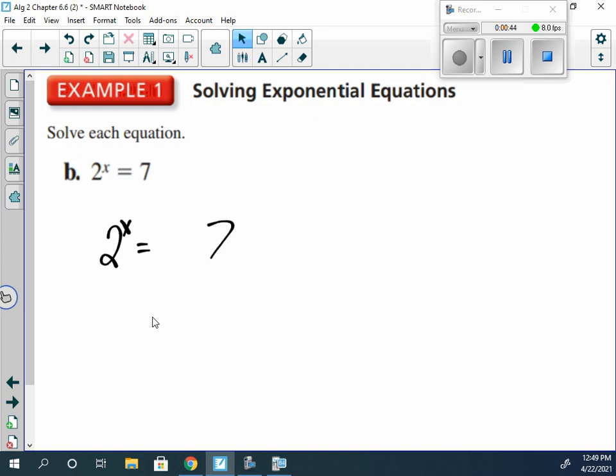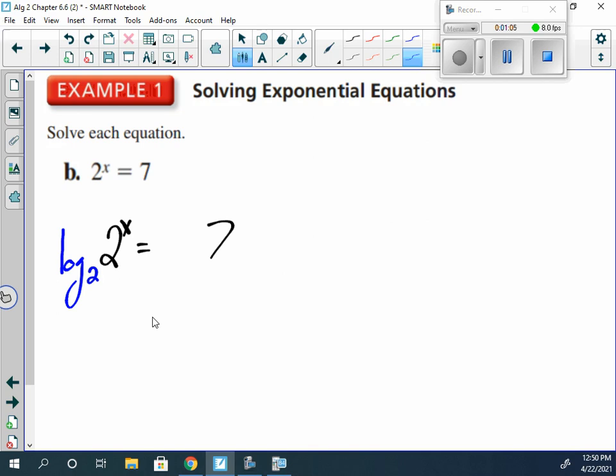Now, when we look at this here, if I take log base 2 of 2 to the x, what do we get? What do we say when the base and the number inside of it are the same? They cancel each other out.